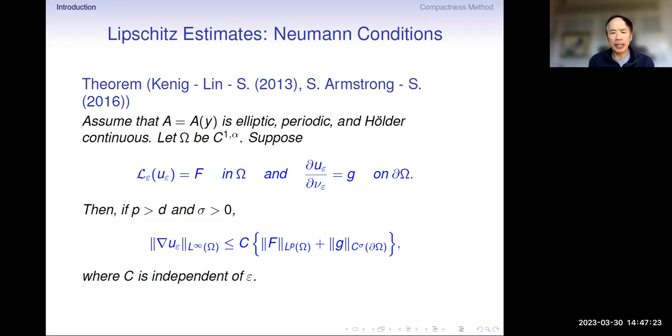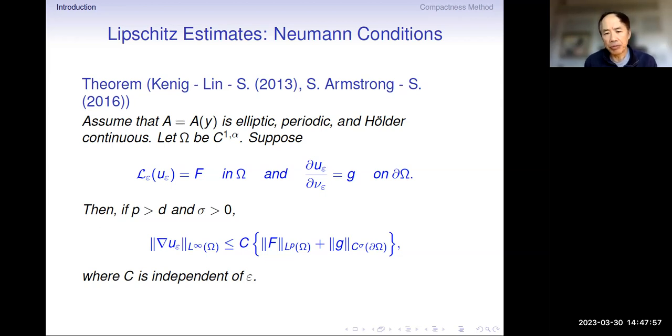In any case, this is about the Neumann problem. The equation is the same: L epsilon u epsilon equal to F in omega. But instead of the Dirichlet condition, we impose the Neumann boundary condition, which is variational. The conormal derivative, du epsilon over d nu epsilon, is the conormal derivative associated with the operator.